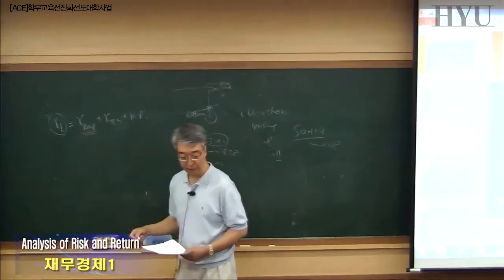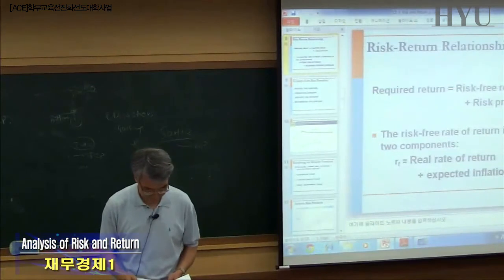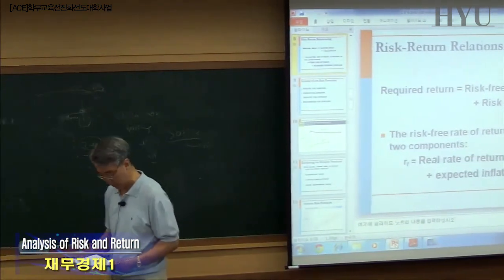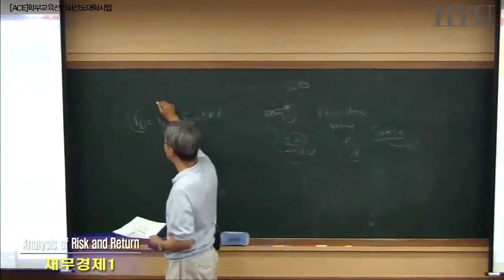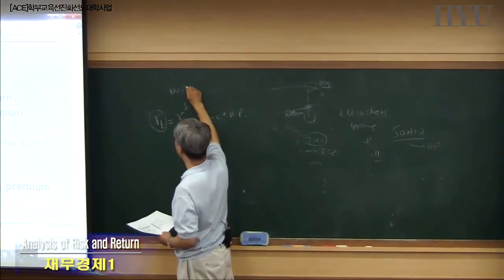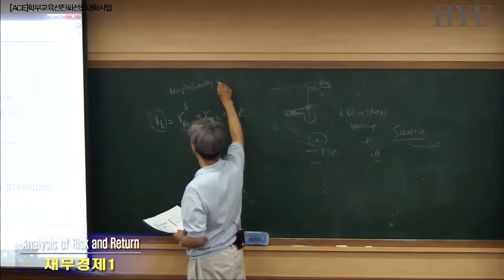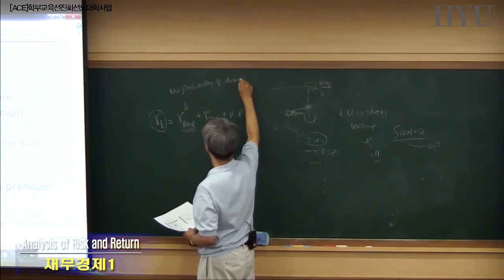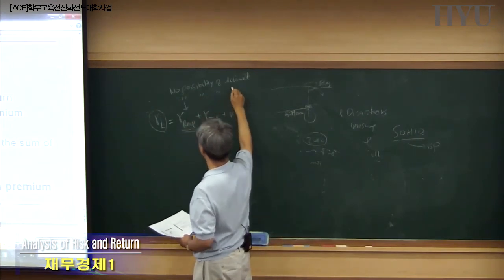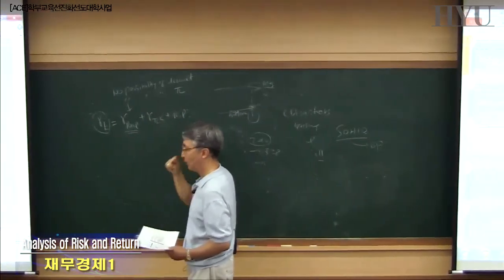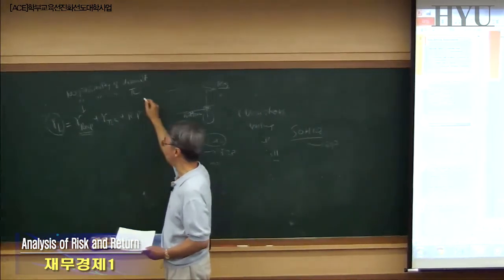And this real return is the amount of return that investors want if there is no possibility of default and no possibility of pi. What is pi? Inflation, right?